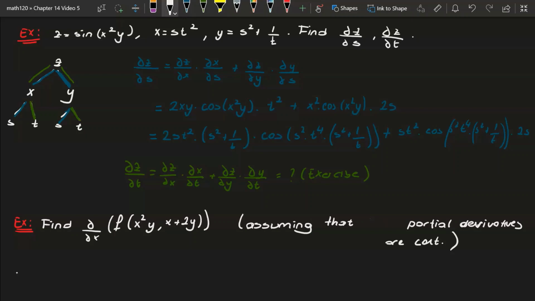Or let me write clearly, f sub x and f sub y are continuous.